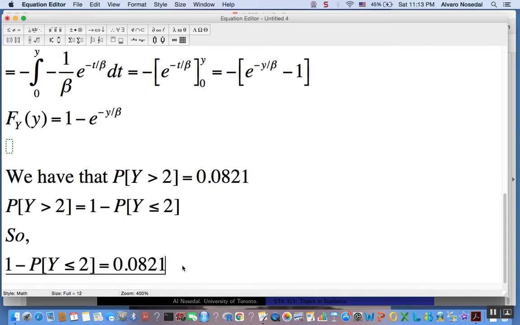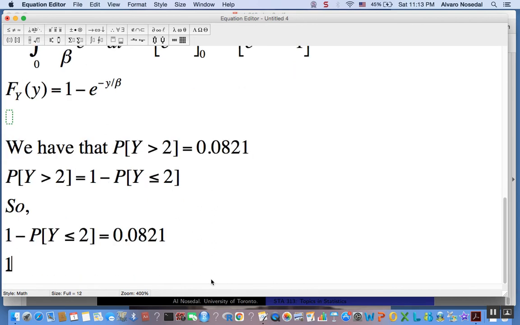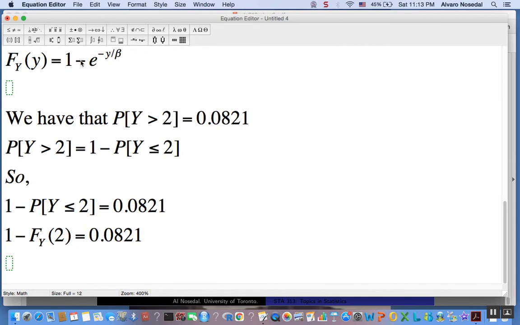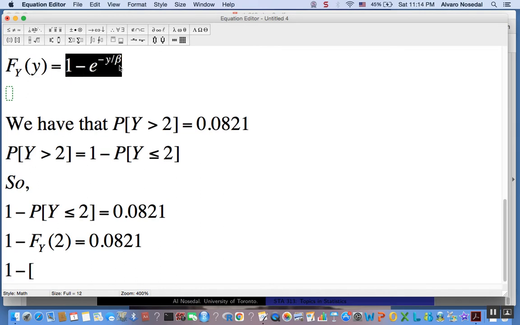So from what we did, what we have is this: 1 minus the CDF evaluated at 2, so 1 minus 1 minus e to the negative 2 divided by beta.